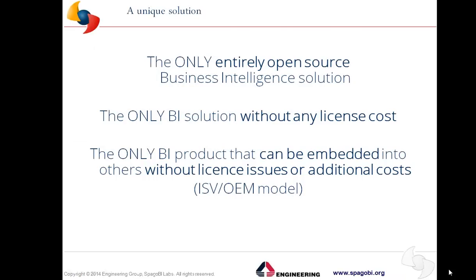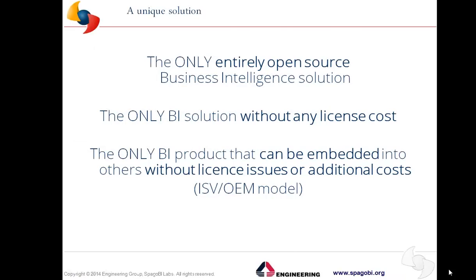It is clearly delivered with a license. If you're interested, we can have a talk about that later on. But that's a license that has no cost associated and allows the free use of code, basically. But it also allows to embed SpagoBI in other products, and they can be commercial as well.